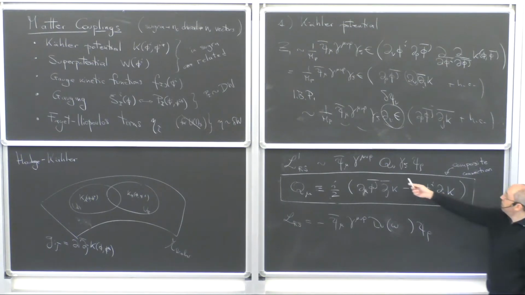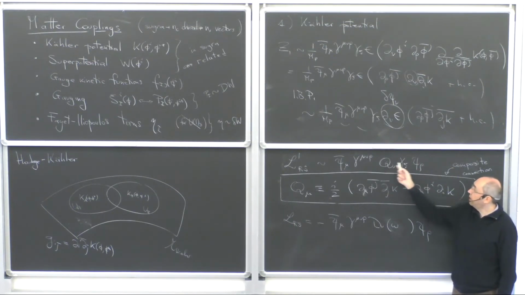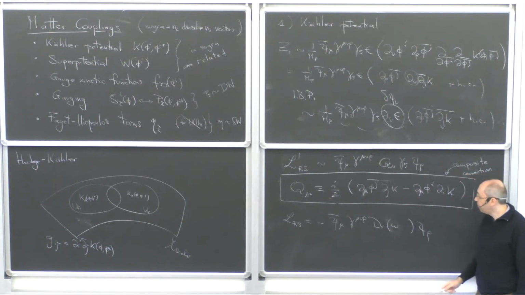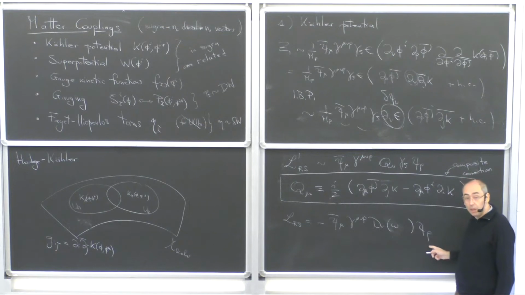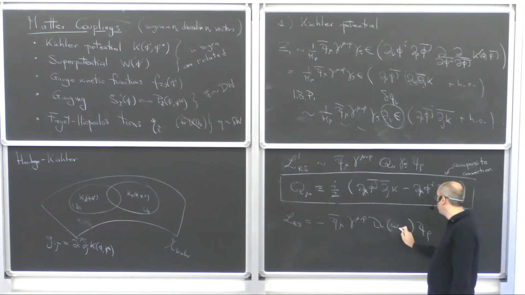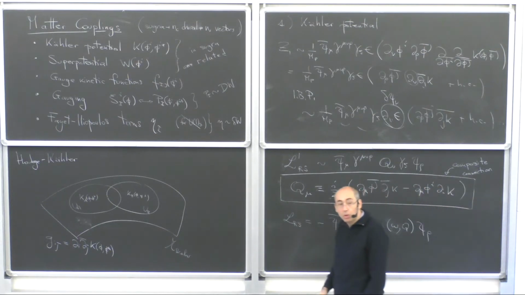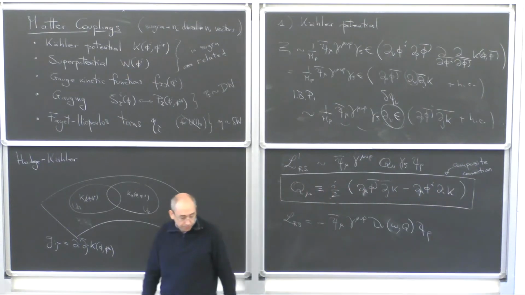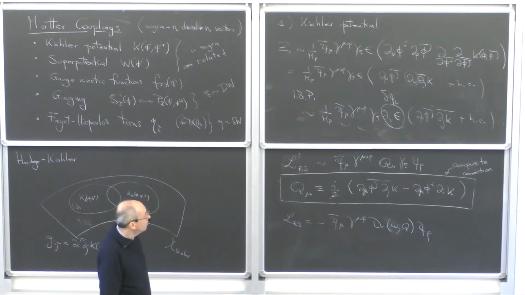But it appears here exactly in the way it would appear if you now improve your derivative to a covariant derivative, not just with respect to the spin connection, but also with respect to this new connection Q. Okay?